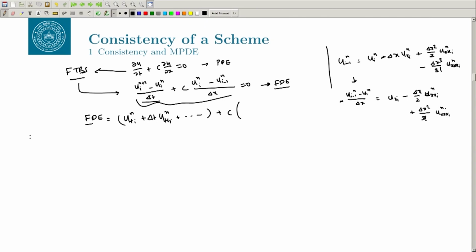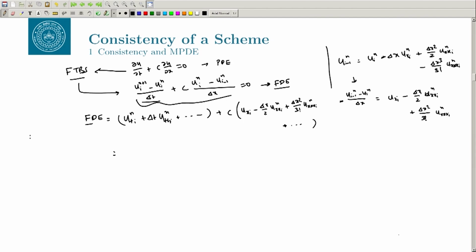So, put all of this here, this will become c u_x at i minus delta x by 2 u_xx at i n and plus delta x square by factorial 3 u_xxx at i n and plus higher order terms, right. This is my FDE.